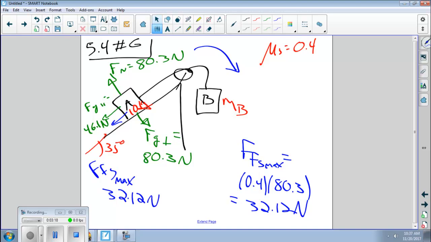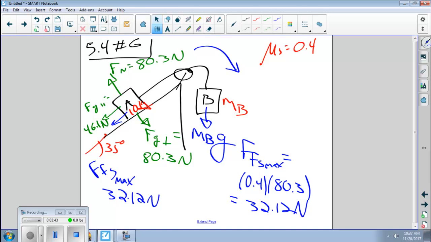Everybody good up to there? Cam, you good up to there? Yeah. All right. So what else? M2. Good. We've also got this force here, right? Which would be MB times G, right? Everybody good?